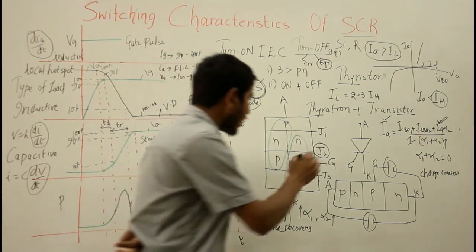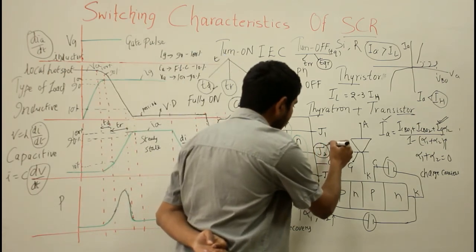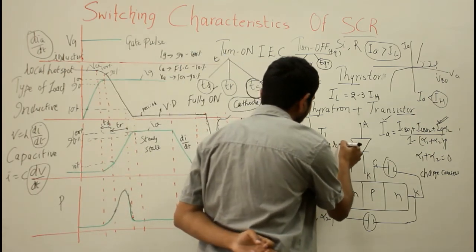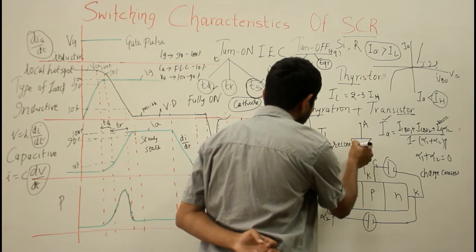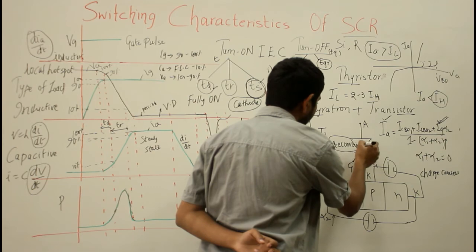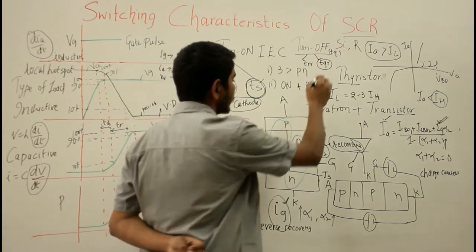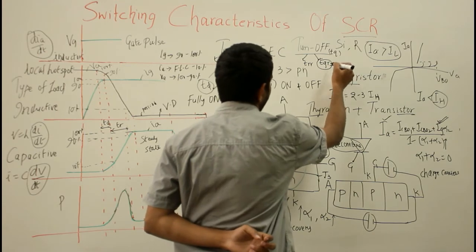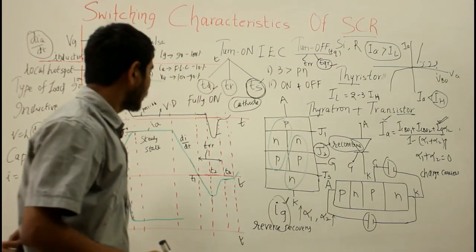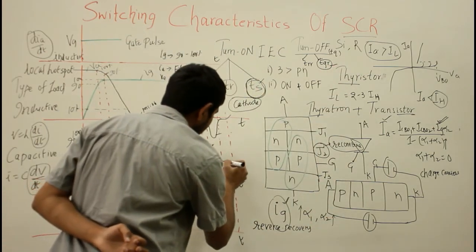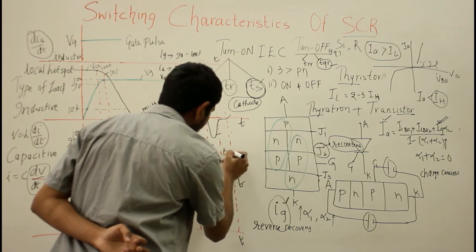These trapped charges cannot be swept out, they can only be recombined. So the time interval taken for the trapped charges to recombine is known as your gate recovery time. So this interval is your gate recovery time.